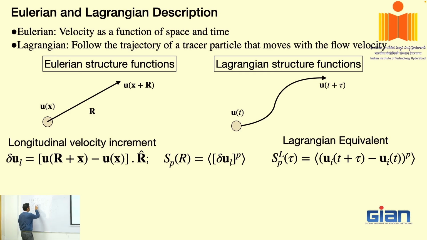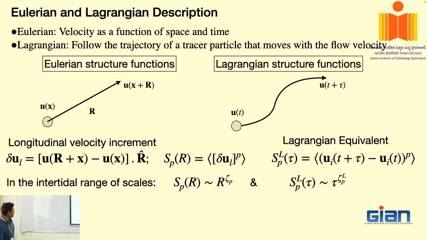Suppose you look at these 2 points, and you look at the velocity separation and this space separation, and you are trying to connect them. You want to see if there is any correlation. So it tells you whether things are correlated or not, and how fast or how slow it is decaying.